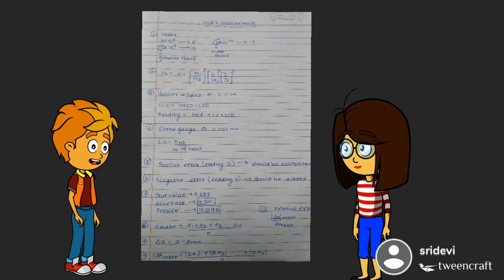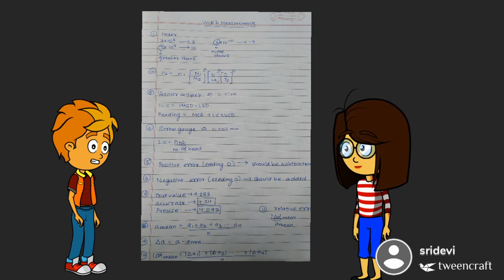The next formula is about accuracy and precision. For example, when the true value is 4.283, the accurate value becomes 4.24, and the precise value, which has more number of decimal places, is 4.093. Next is the mean, which is equal to a1 plus a2 plus a3 till an divided by n.